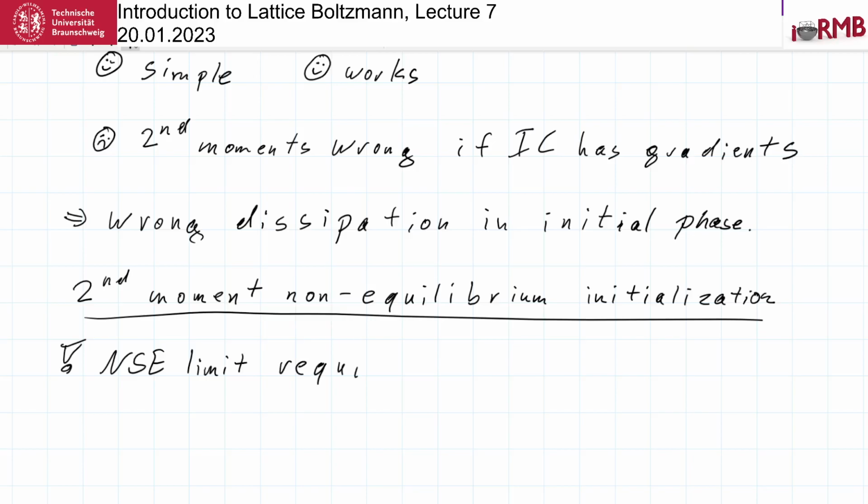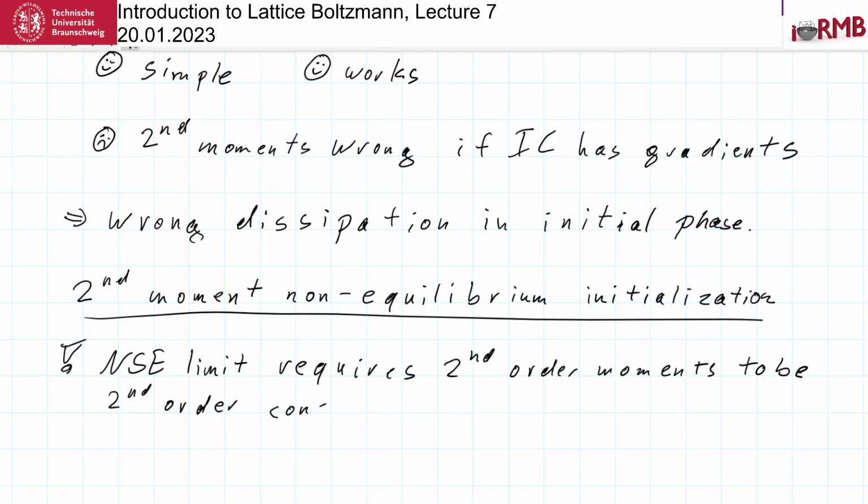requires, as we have discussed last year in detail, that the second order moments should be second order in diffusive scaling, of course, second order consistent in epsilon. Okay, epsilon is delta x.